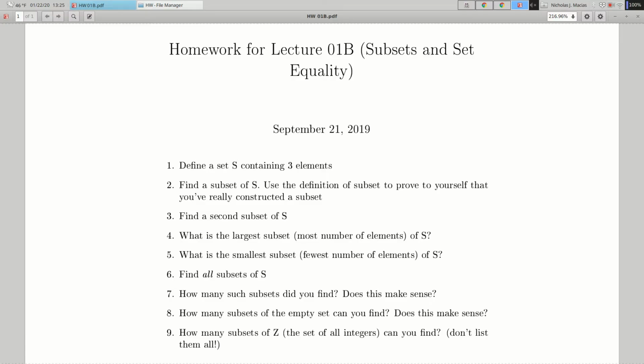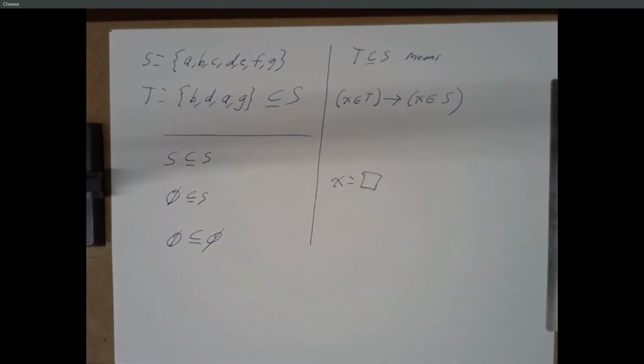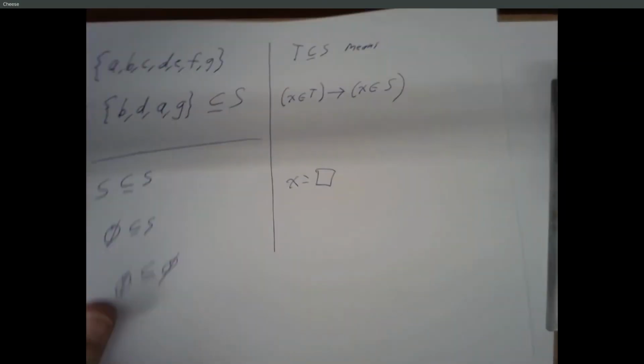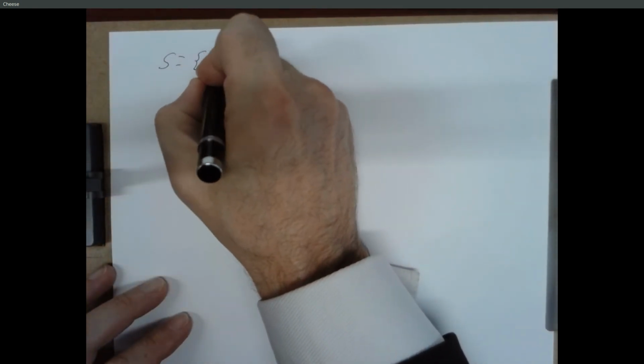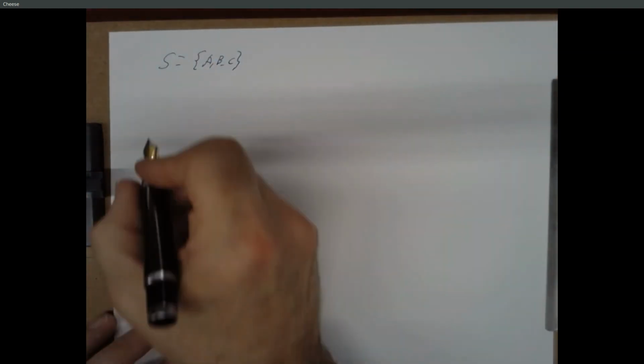All right, so then in question 6, I said find all the subsets of S. Well, S contains 3 elements. So let's go to A, B, C. And let's start listing subsets.